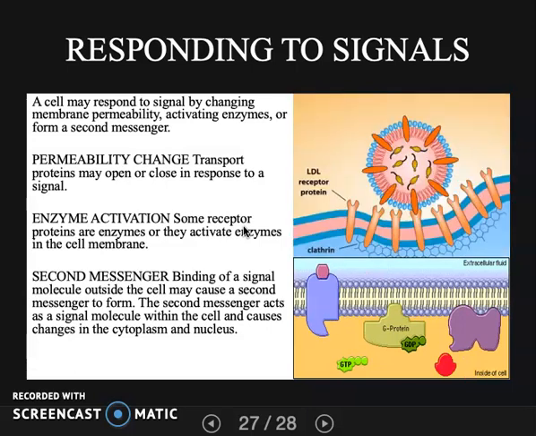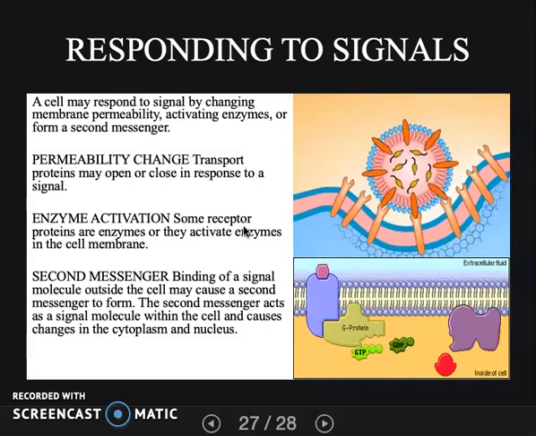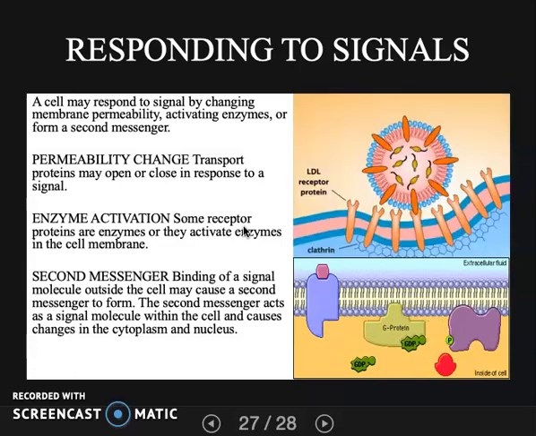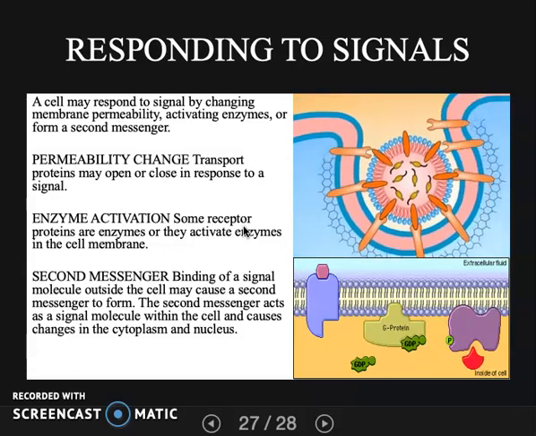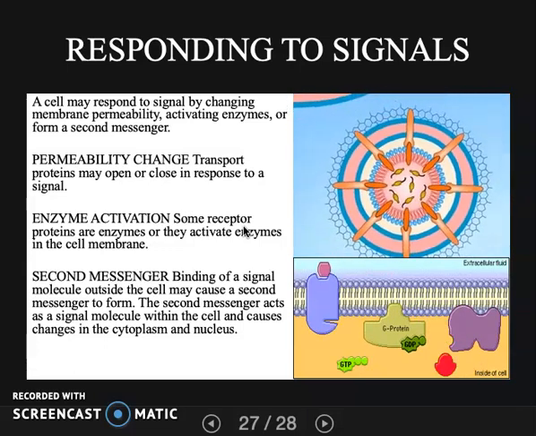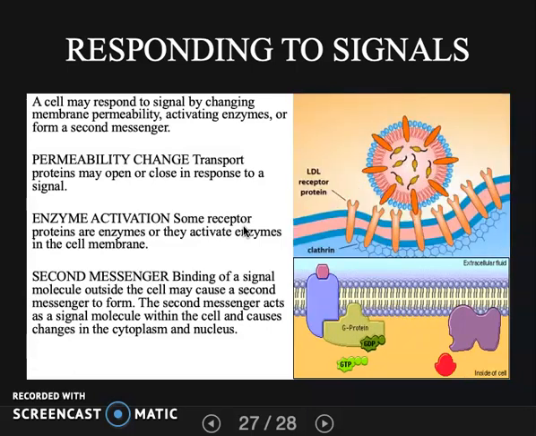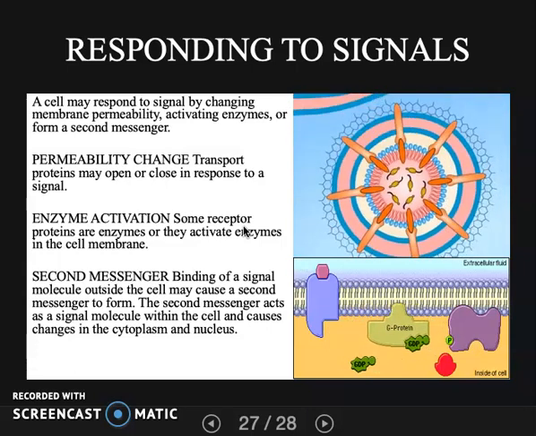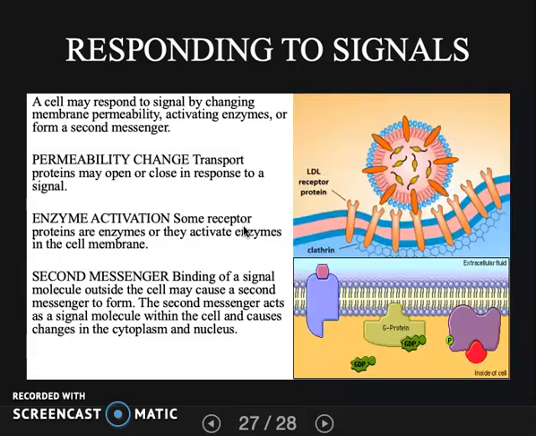And a target signal can also activate enzymes. And that doesn't fall into the scope of our course right yet, so don't worry about that. But the most common effect of a signal molecule is to activate some sort of second messenger system. So, for instance, insulin binds a receptor protein on the surface of a cell.